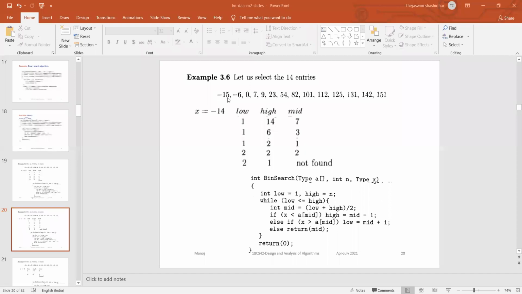Now you check the condition. Key element minus 14 is less than minus 15? Is minus 14 less than minus 15?